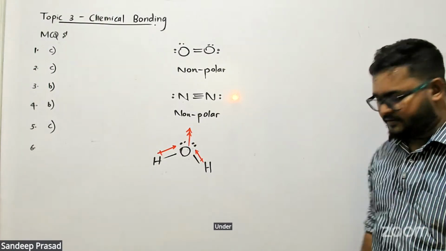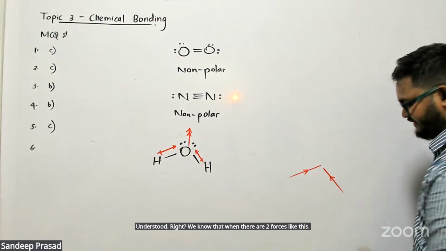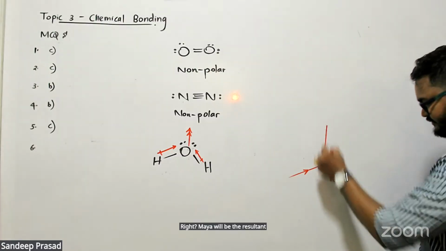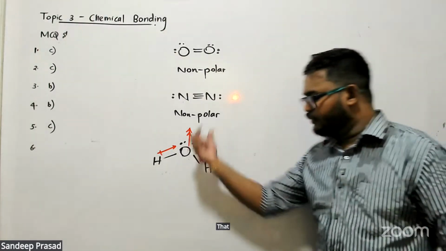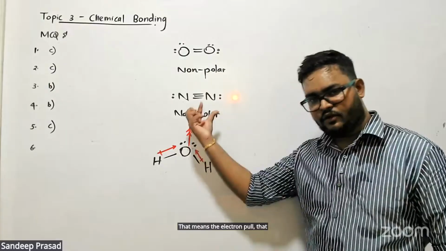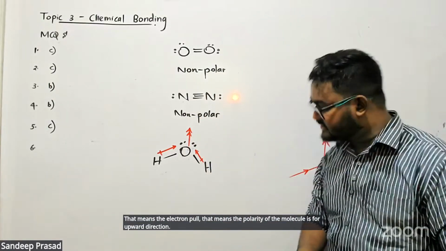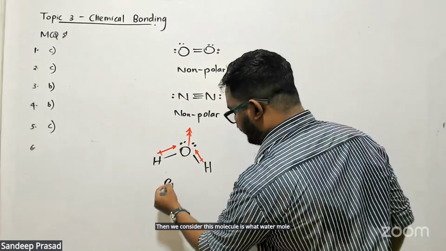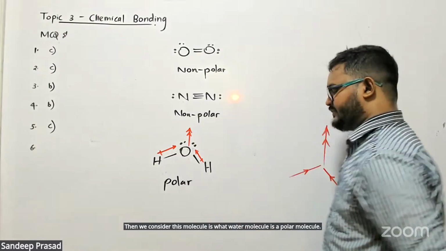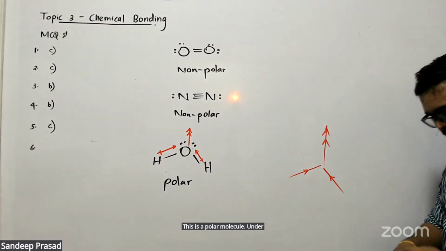That means the polarity of the molecule is in the upward direction. So the water molecule is a polar molecule. Understood? What about the next one?